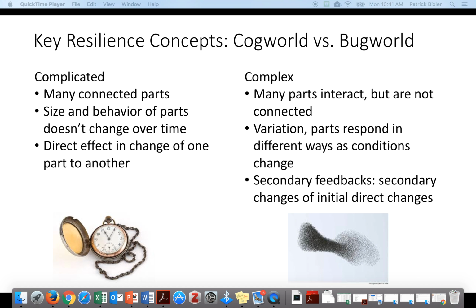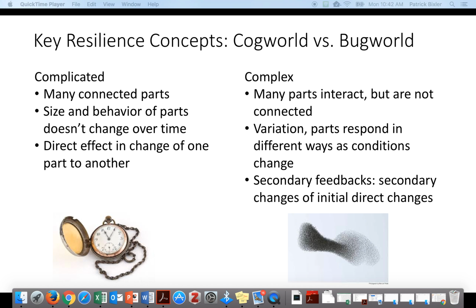Think of a watch, have many connecting parts. However, those parts are connected in a way that the size and behavior of the parts doesn't change over time. Think of cogs, so a direct effect in change of one part affects another part proportionally.